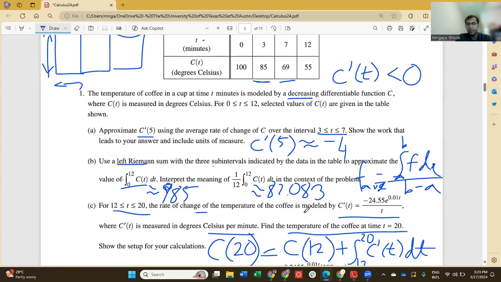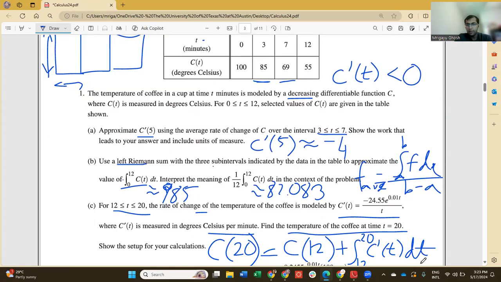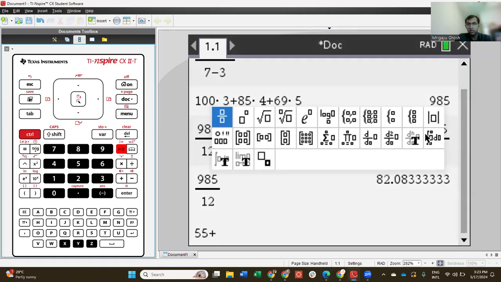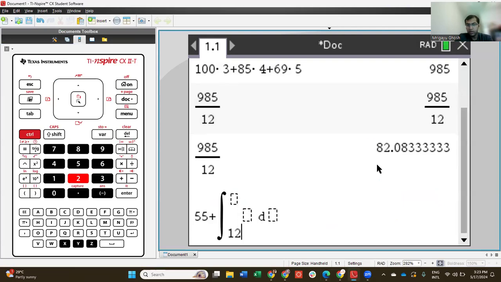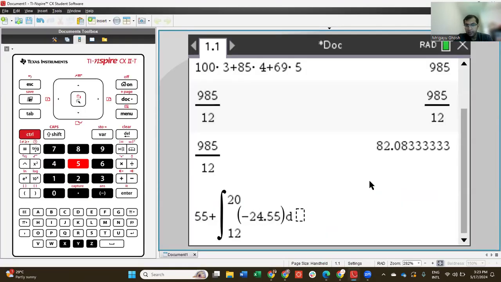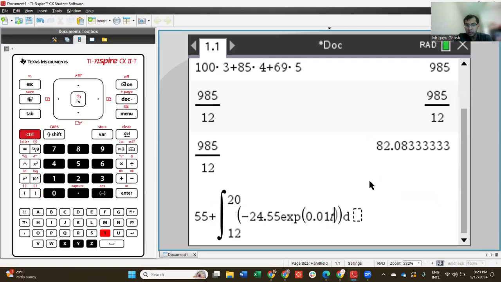C of 12 is 55 plus, and then we're going to take the integral from 12 to 20 of C prime of t dt, but C prime of t is negative 24.55 times exp of 0.01 t divided by t, dt.